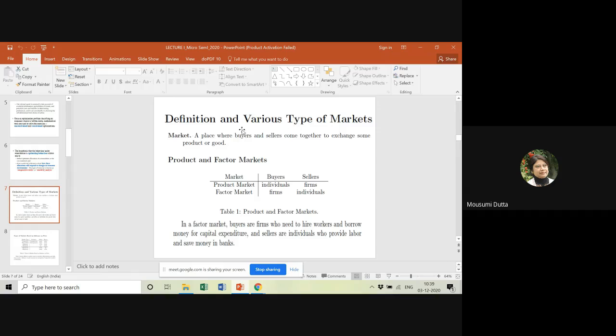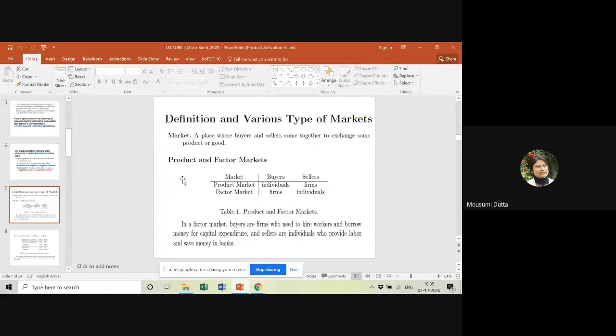This place, be it a real physical space or a virtual space, we call the market, where these two groups interact with each other. So a market is a place where buyers and sellers come together to exchange some product or good.